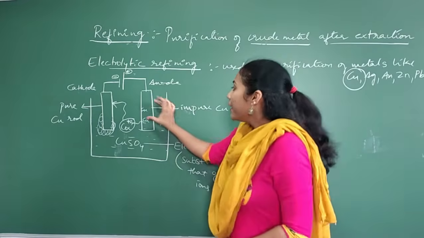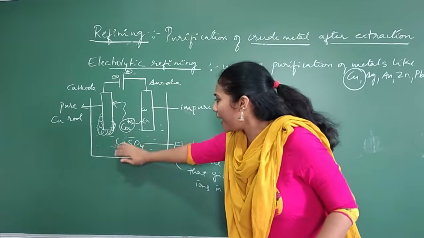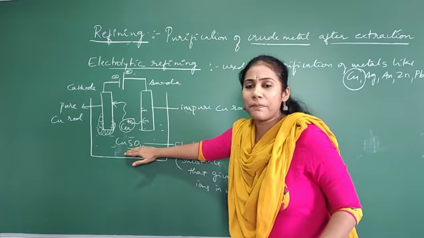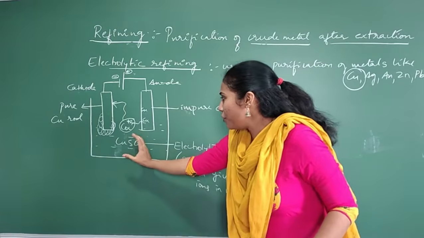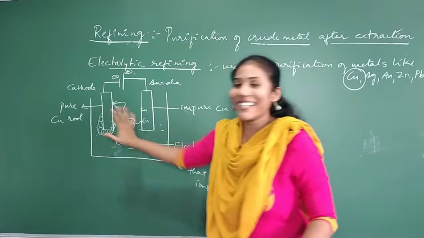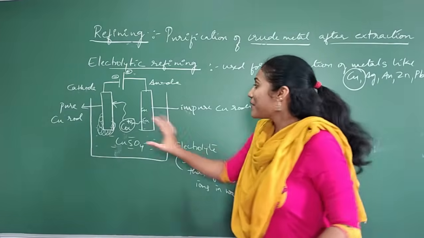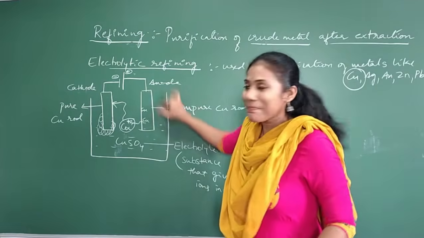So if the rod has 100 copper atoms, all the copper atoms first come to the solution the moment you pass the electricity, and from the solution all the copper goes to the cathode and gets collected there. That is how you have removed all the pure copper from this particular rod.